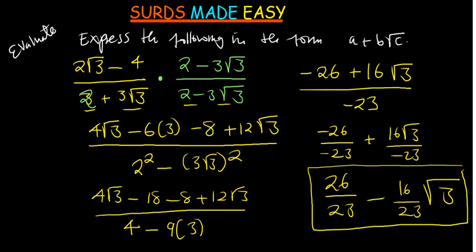But because there is a positive here and the answer that you found is negative, that means b is a negative 16 over 23. Does that make sense? Hello? Does it make sense? Yep. Okay.